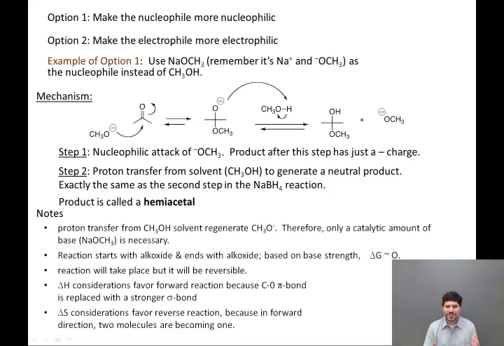So we say that delta G is close to 0. What we still need to consider is whether delta G will be slightly greater than 0, truly 0, or slightly less than 0. The answer actually depends on the exact identity of the carbonyl group, whether it's an aldehyde, formaldehyde, or a ketone. We will come back and discuss this in a more general sense, the relative reactivities of aldehydes versus ketones, in the next video.